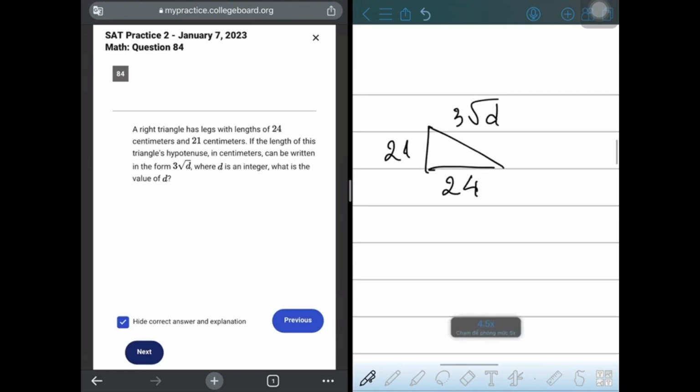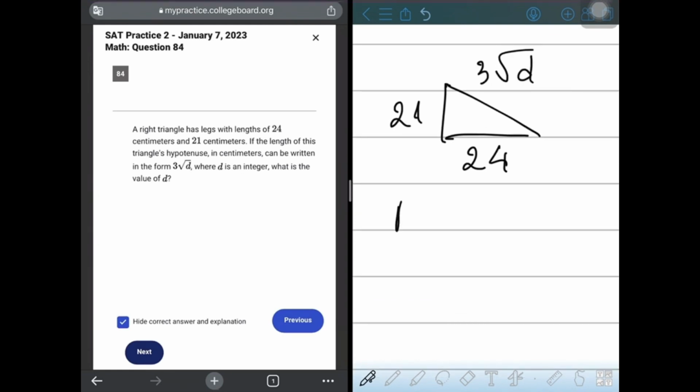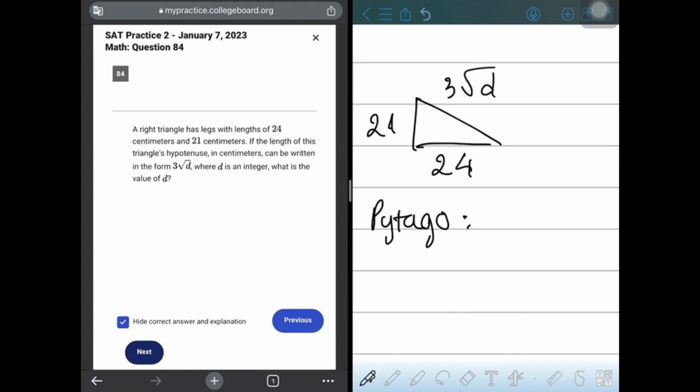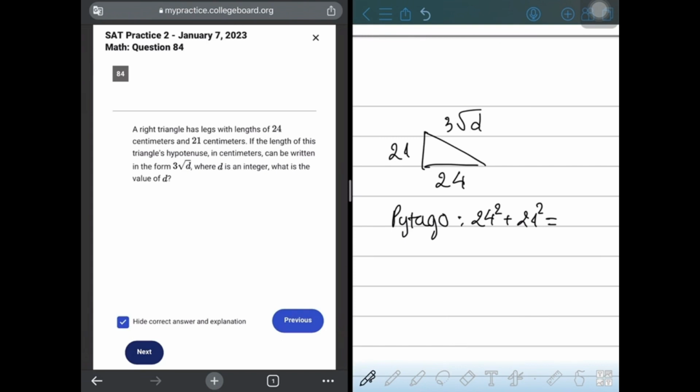We will use the Pythagorean theorem, okay? We will add up the squares of the 2 legs. 24 squared plus 21 squared equals (3 square root of D) squared.